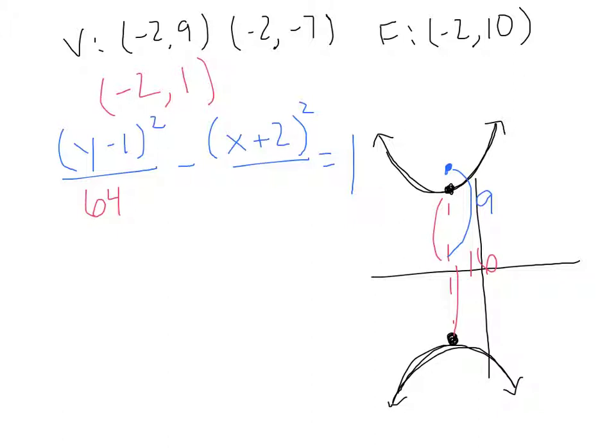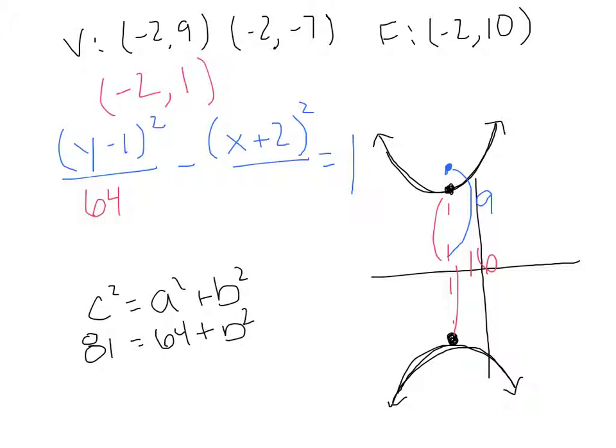Before you get all excited and put that 81 into your equation, remember that that's c. So for hyperbolas, c squared equals a squared plus b squared. In this case, we know that 81 equals 64 plus b squared.